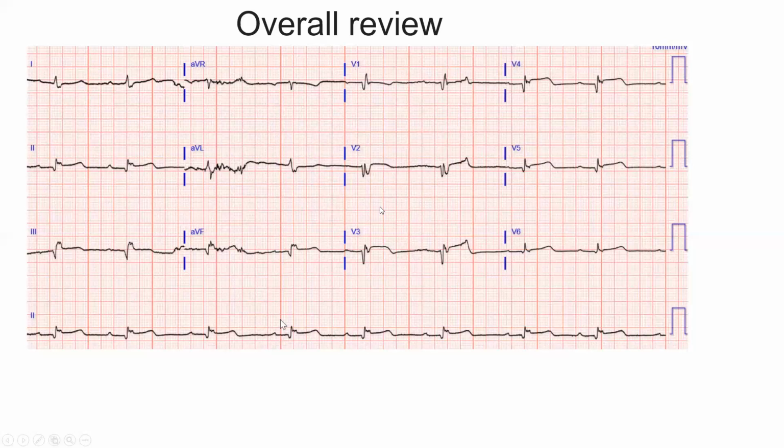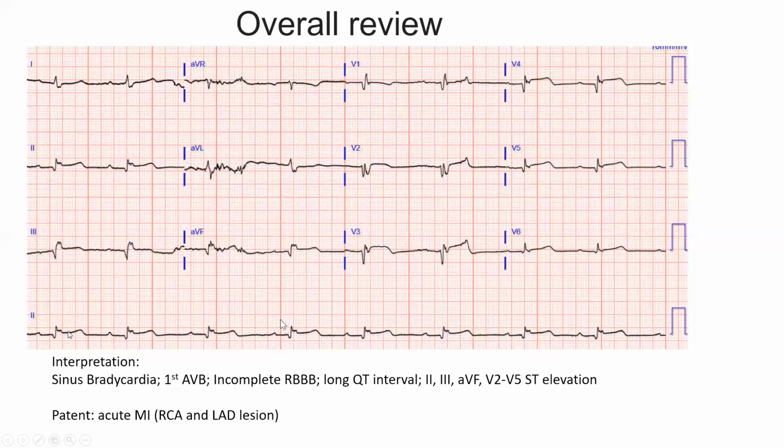Based on all of this information, here's my interpretation for this EKG: sinus bradycardia, first degree AV block, incomplete right bundle branch block, long QT interval, and 2, 3, aVF, V2 to V5 ST elevation.